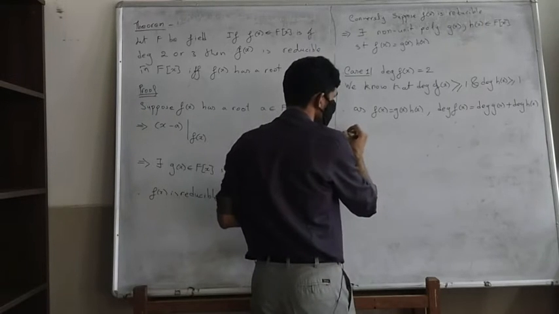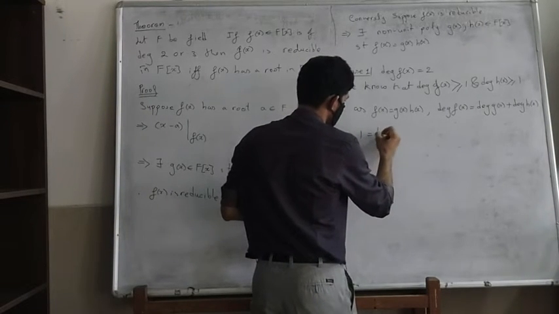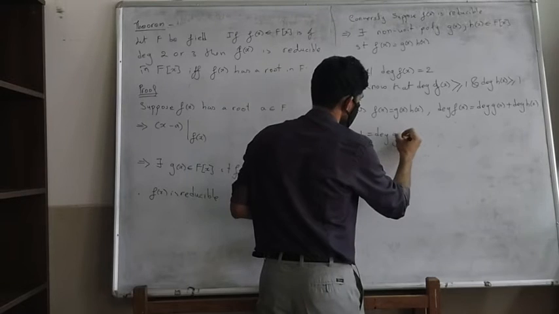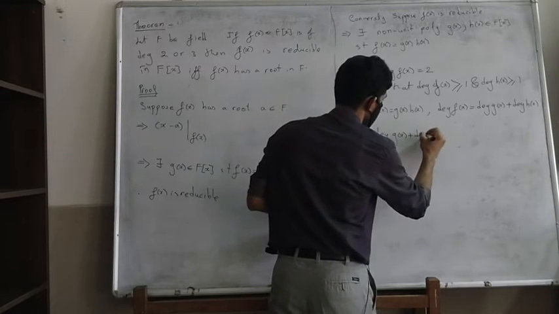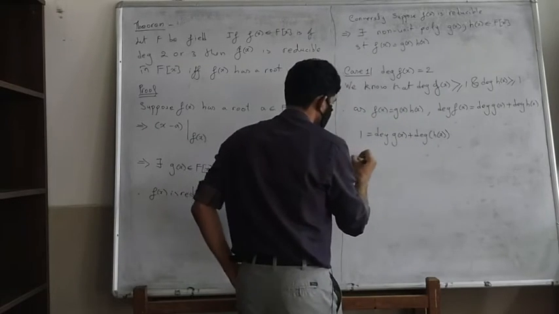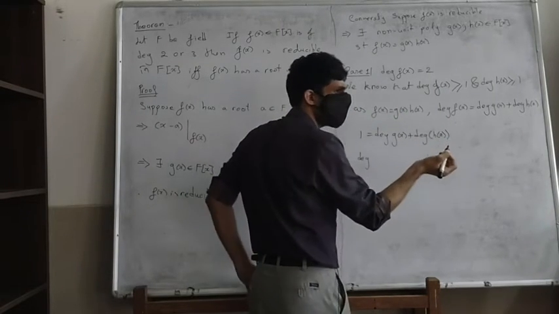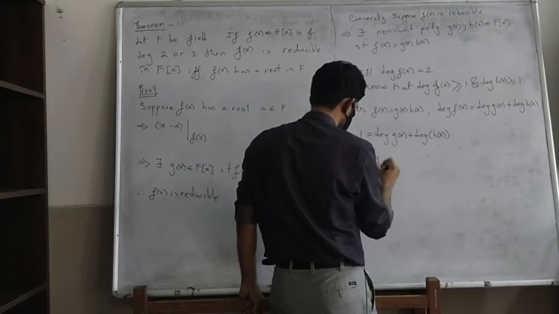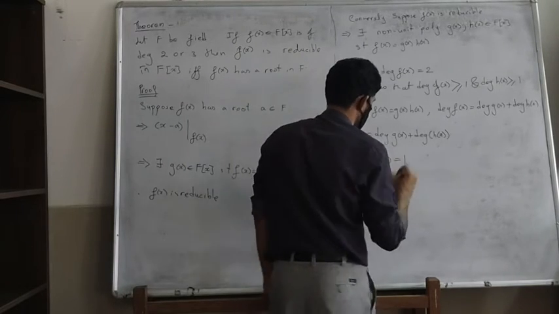So this would mean that 1 is equal to the degree of g of x plus the degree of h of x, right? Which would mean that the degree of g of x has to be 1.